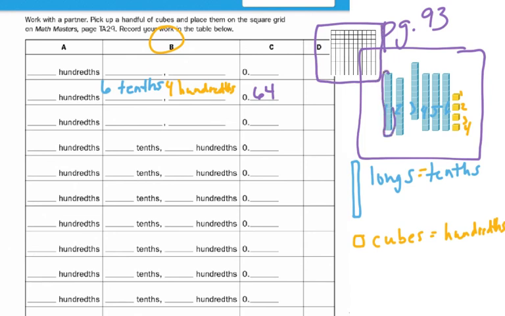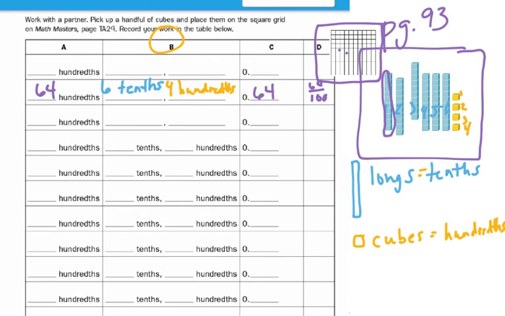Each one of these represents 10. 64 out of the 100. So go ahead and fill it out in column A, 64 hundredths. And as a fraction, 64 out of the 100 would be covered. If I were to enlarge this a little bit, you would be able to put those on top.